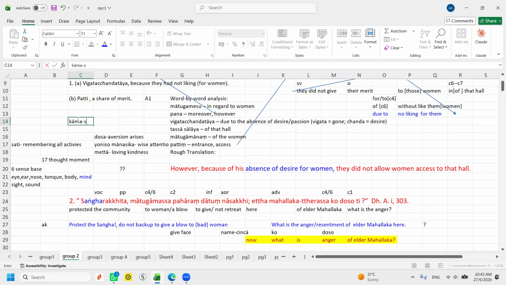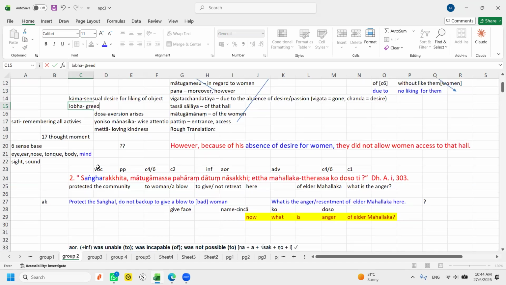Kama means sensual desire, liking for the object. In Abhidhamma, this is called lobha. Lobha means greed. It's the same, because in terminology, kama means liking for the object. That means lobha.